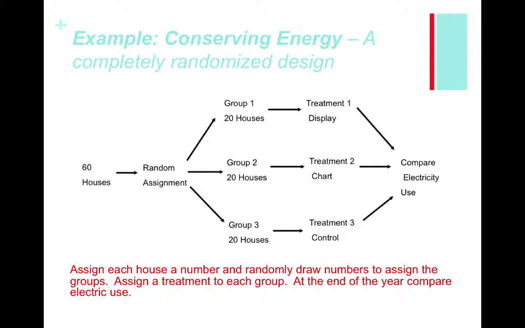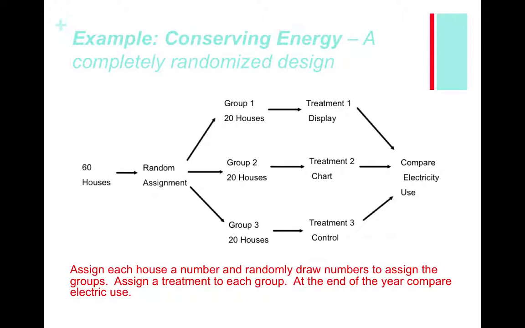Okay, so we have these 60 houses. We're going to want to randomly assign them so that we don't take into consideration bigger houses versus smaller houses, different incomes, different educations, different ages, different numbers of members in the family.